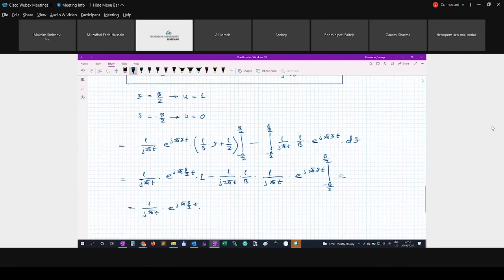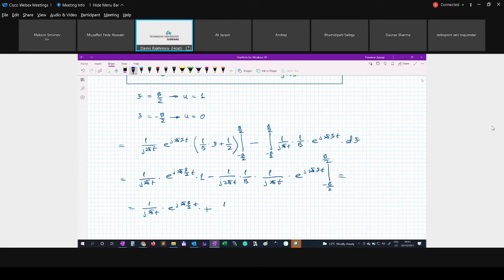So we have minus 1 over j 2 pi t times 1 over b, 1 over pi t, so j 2 pi ft, and then from minus b over 2 to b over 2. So then we have minus. So we can just multiply j times j, it will be plus.